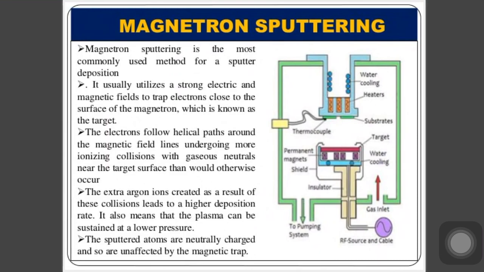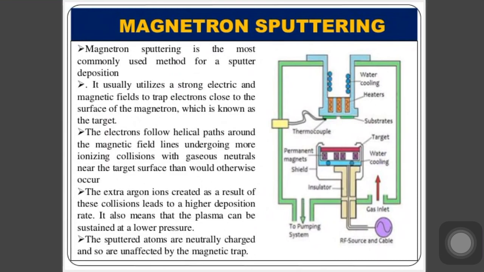The whole cables are insulated, and there is a permanent magnet with a shield, and outside that there is a water cooling system installed. On top of the water cooling system and the permanent magnet, you can see there is a certain material whose surface properties you need to change, or the surface modification, which is called the target.